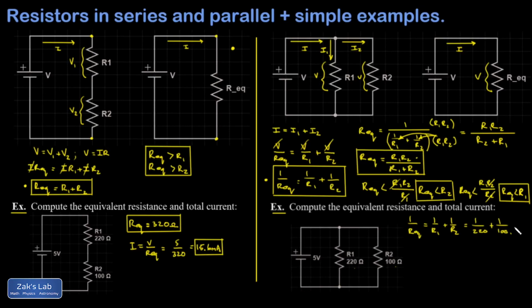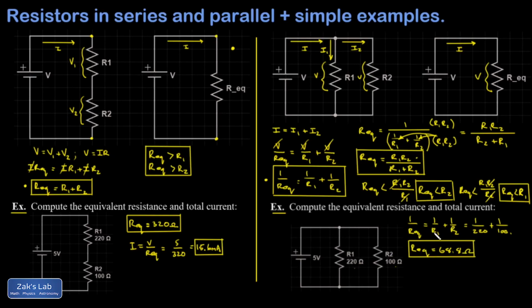My units are ohms in every one of those denominators. So the way I normally handle this is I will do 1 over 220 plus 1 over 100 in my calculator. And then I say 1 over that result, 1 over the previous answer, and I get my equivalent resistance. And to 3 sig figs on this, I get 68.8 ohms. And it checks out that that equivalent resistance is less than either one of the resistors in the original combination.